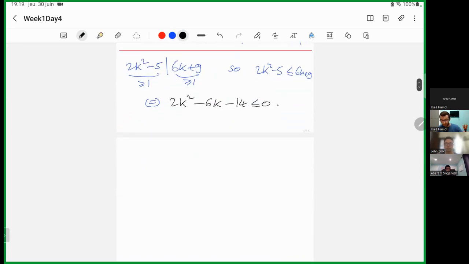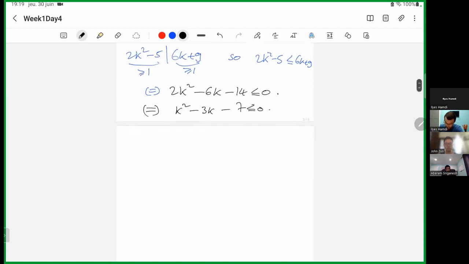So now how can we find the values of k that satisfy this? I can divide by 2 before we continue. What I would do here is directly complete the square, because whenever I have a square, it's easier. Otherwise, I could use the fact that this is just a degree 2 polynomial, which looks something like this.